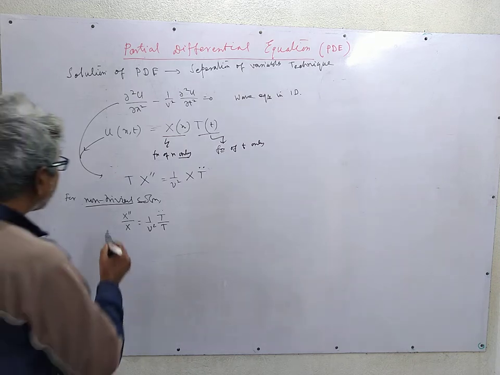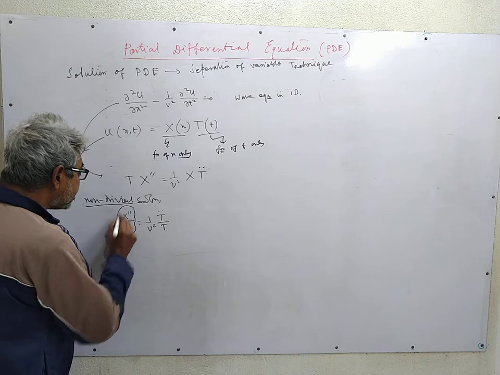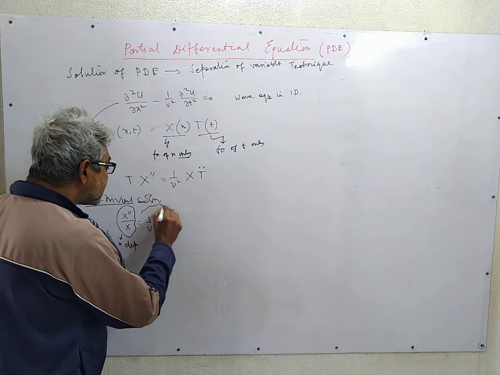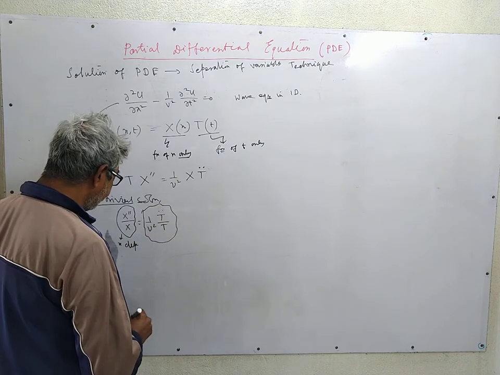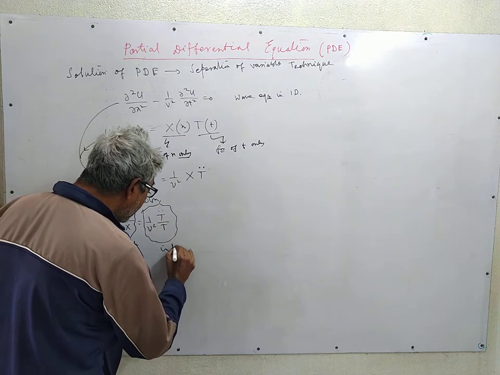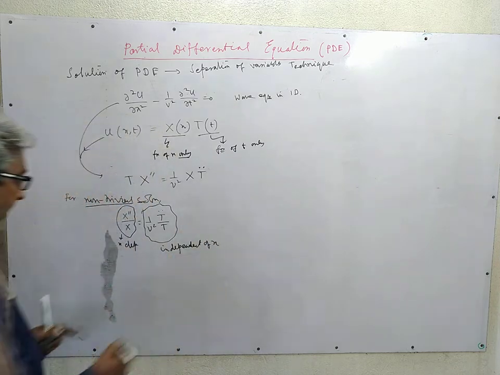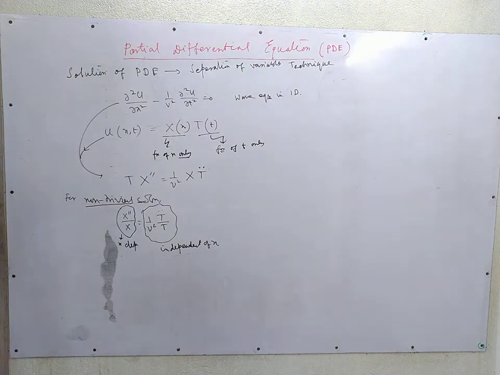Now you see the left hand side has only x dependence, and the right hand side is independent of x. In this particular case it depends on t only. Left hand side depends only on x and right hand side is independent of x. Still the left hand side and right hand side are equal for all values of the independent variables.